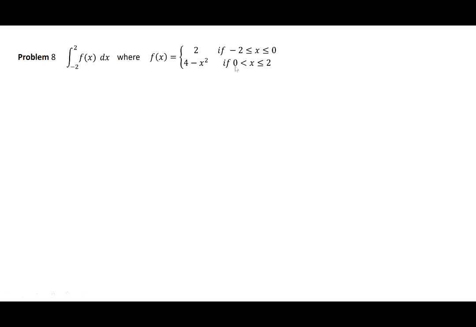But slightly to the right of 0, you need to use the bottom one. So if we use the concept of slightly to the right, even though we are not supposed to plug in 0 there, since it doesn't say 0 less than or equal to x, just for the heck of it, let's try to plug 0 in the bottom one. That turns out to be 4.